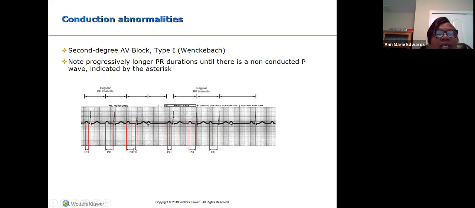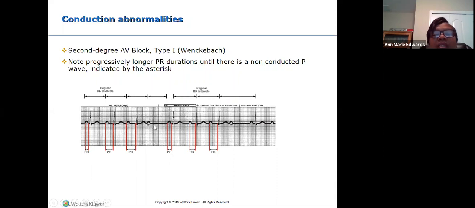Okay, until you have a P wave that is not conducted to your ventricle. So your P wave begins and the impulse is not conducted. So here you lose your QRS right here. Okay, so you remember that a P wave should precede a QRS.